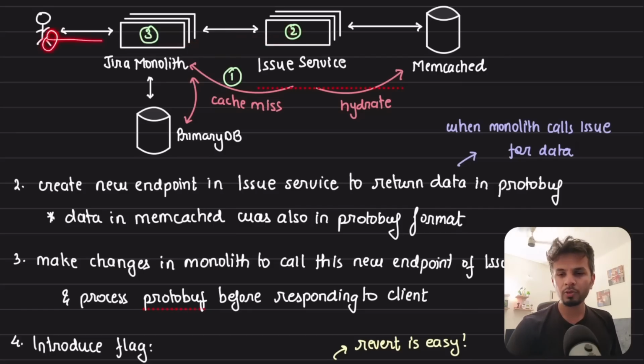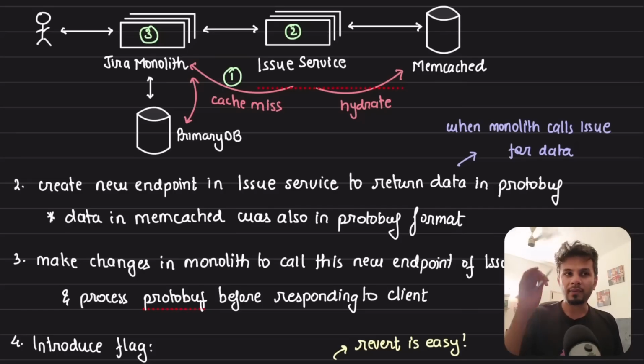So the request from user to monolith, no change. But monolith, when it's talking to issue service, will call this new endpoint of issue service, which returns the data in Protobuf format. At this point, the data is also stored in Protobuf format in memcached. Memcache, document store, you serialize the data and then you dump it in memcache.